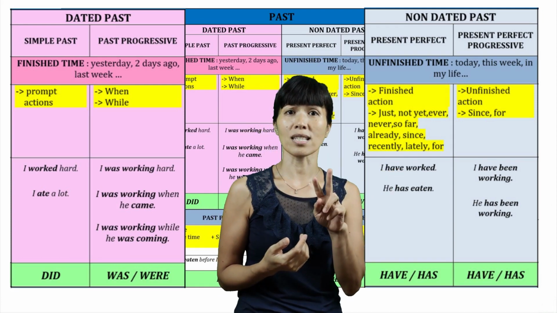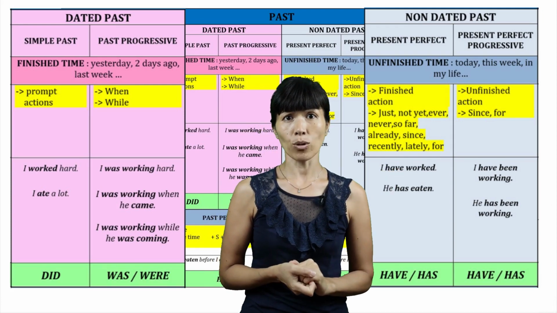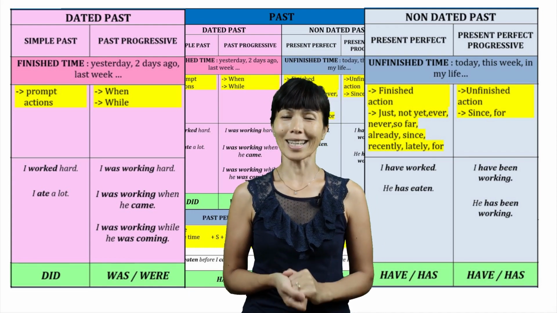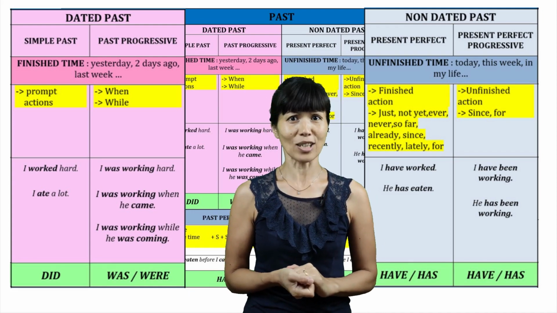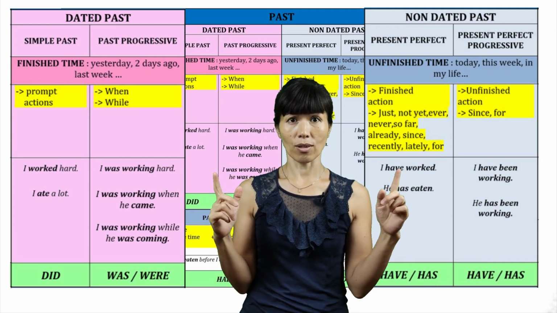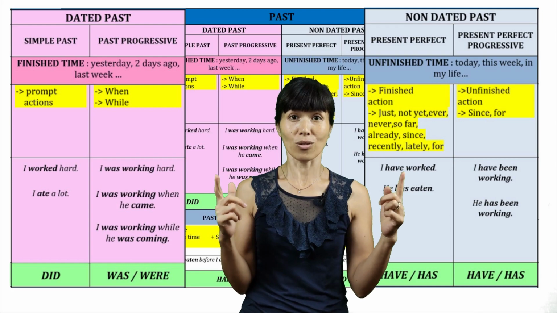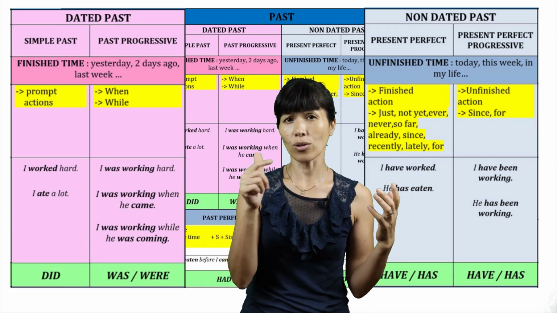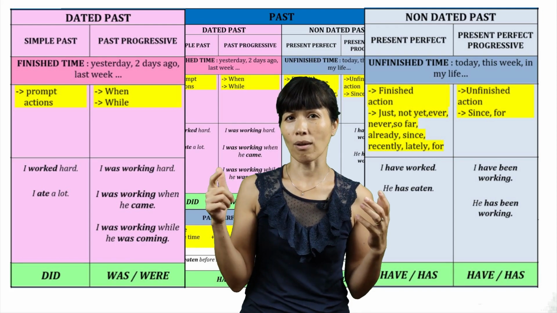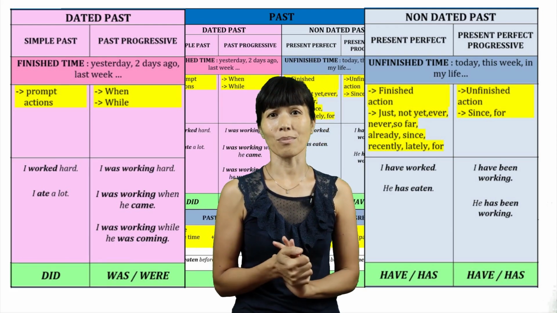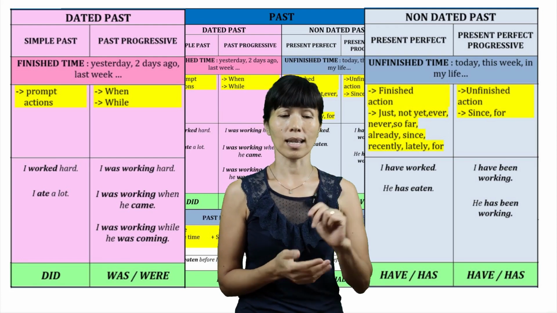So that's the second reason. Now, an example of this is, I have never eaten crickets. You see, your initial sentence in your language must be in the past, but you also use never. The word never is there, present. So systematically it's going to be present perfect. So that's the second reason.